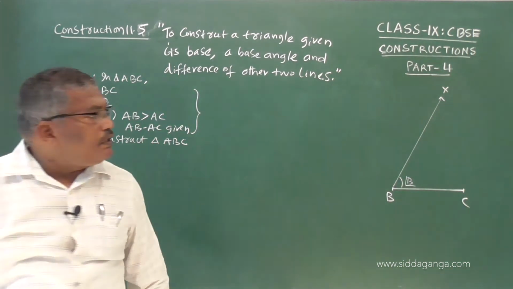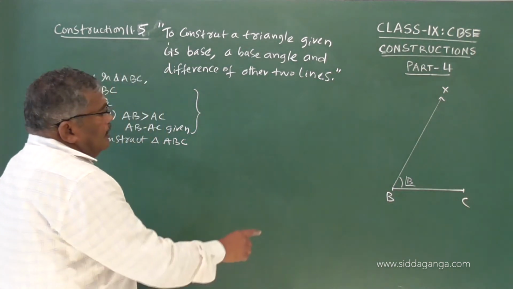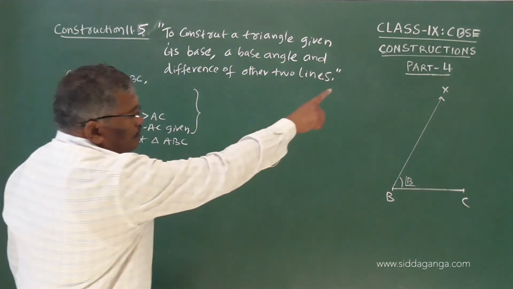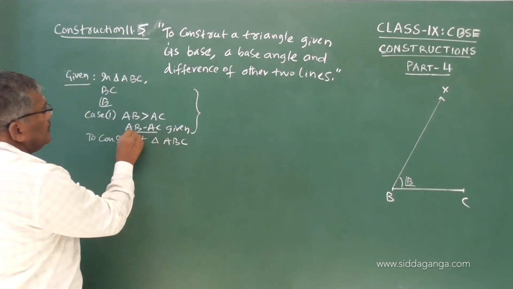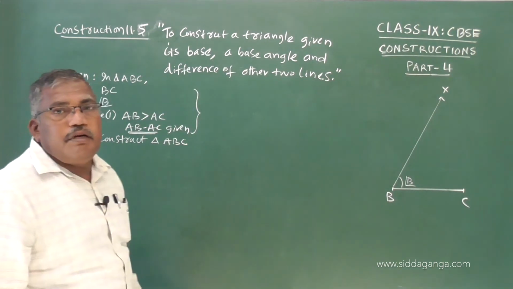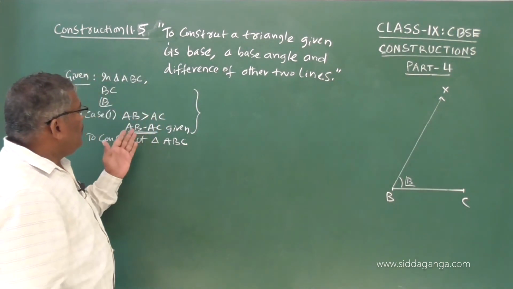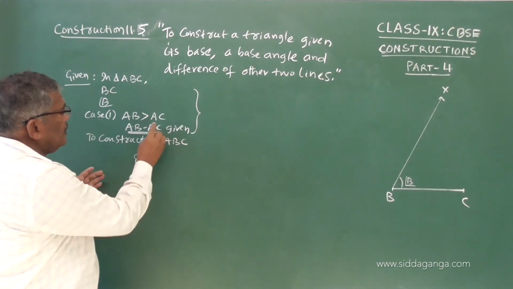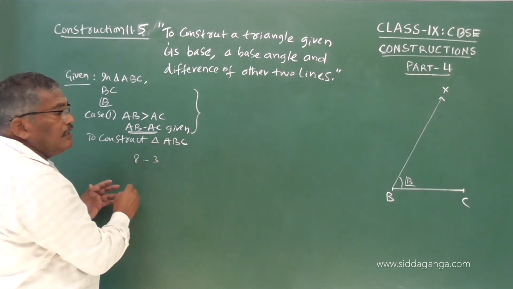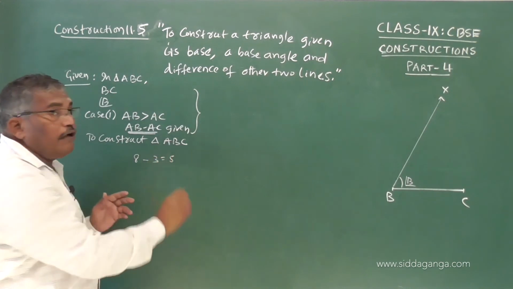Now, after this, you know this value AB minus AC. If AB is, let us say, 8 centimeters and AC is say 3 centimeters, the difference is 5.